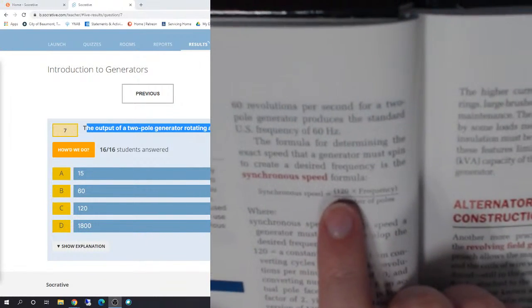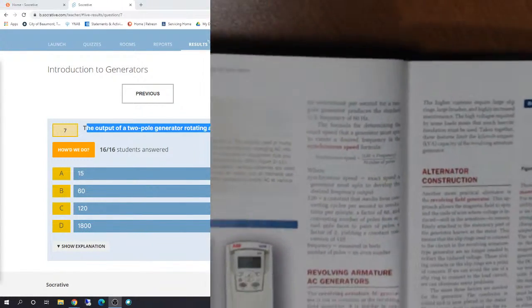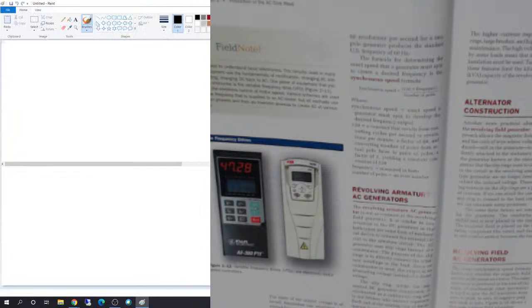And it is 120 times frequency over number of poles is your speed. So let me open up Paint and let's get that written down.